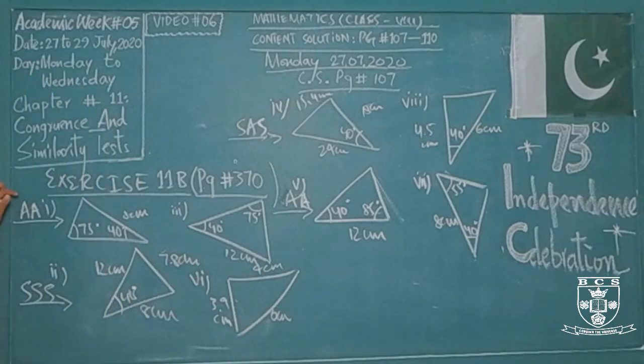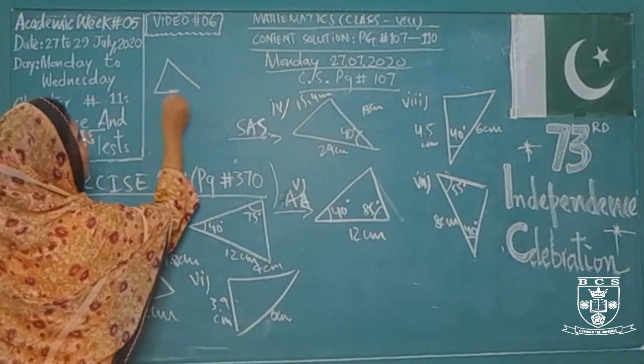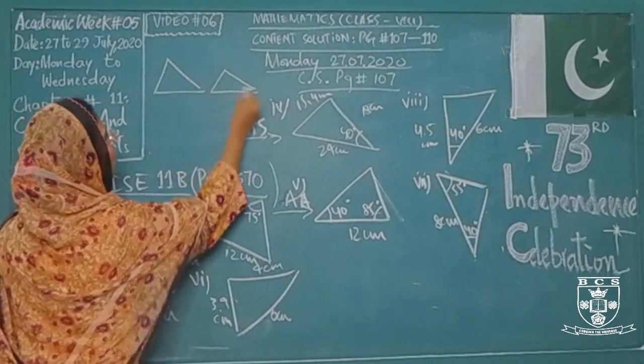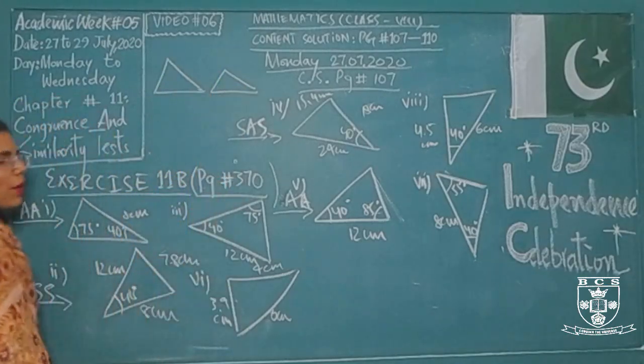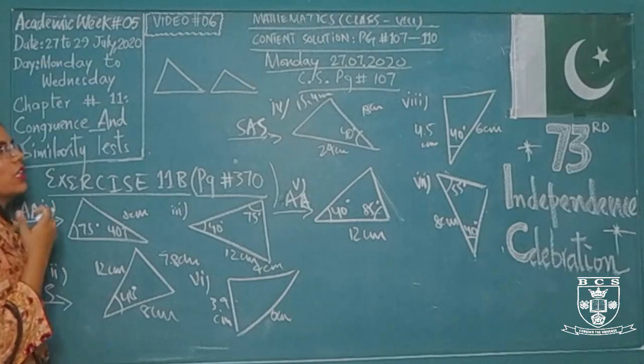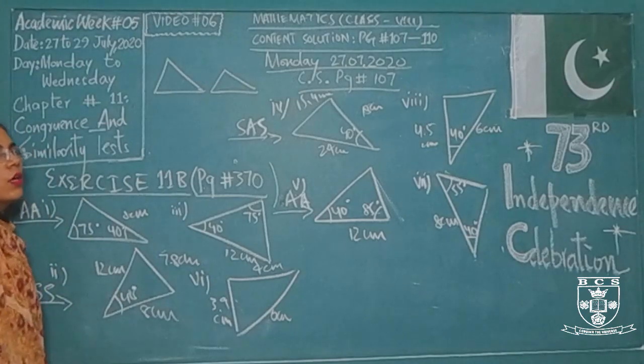For the first one, as you can see, two different angles are given, 75 degrees and 40 degrees, and one side, that is 8 centimeter. As I told you in the last class, if I have two different triangles, it doesn't mean they will always be in the same still position. They may be in a reflected position, an inverted position, or an opposite position.